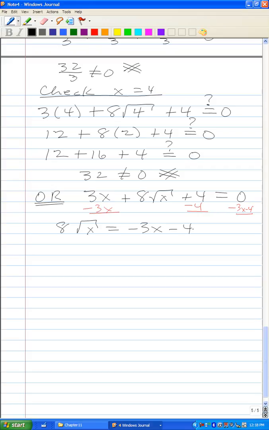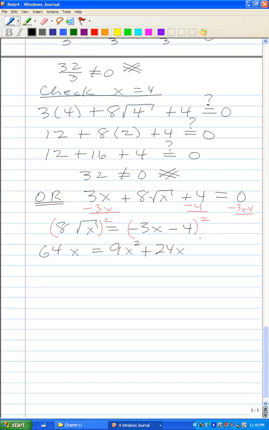So I've isolated radical x on one side of my equation. Let's square both sides of my equation to get rid of the square root. So that says 64x is equal to 9x squared minus 3x times negative 4 times 2, which is 24x.